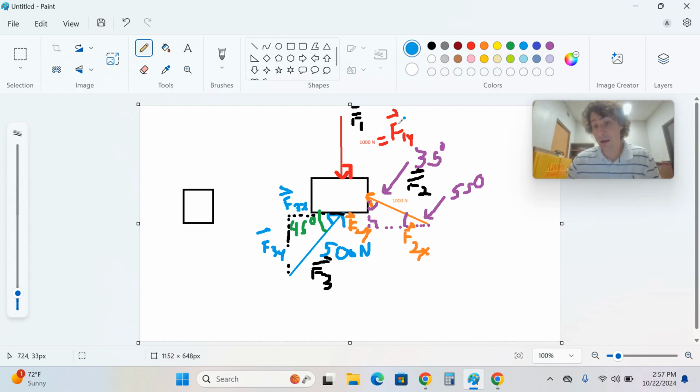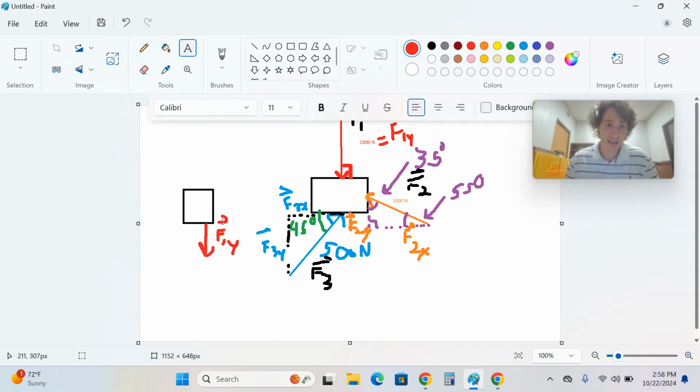So what do I do then? I say vector F1 is pushing down. And this one's actually nice because I happen to know the value. If I did the math, sine of 90 times 1,000 is going to be 1,000. So I can say this is vector F1y, and I know the value. Let me type it so it's easier to see.